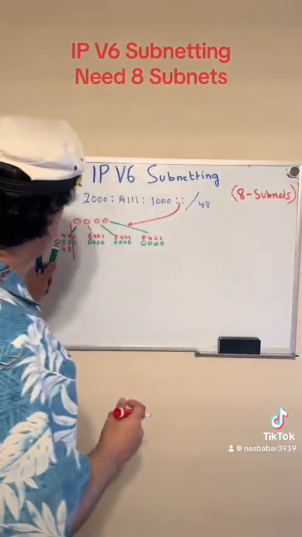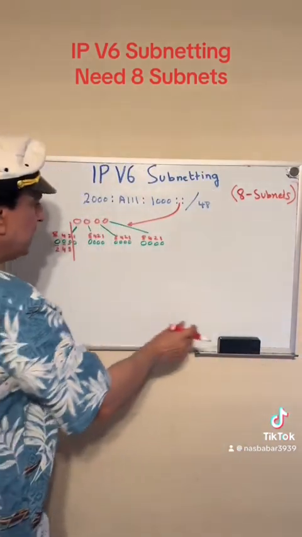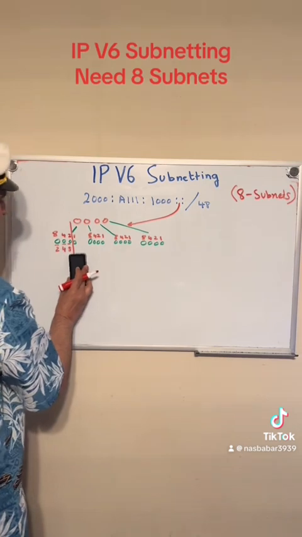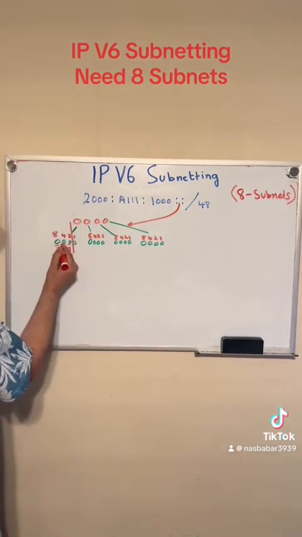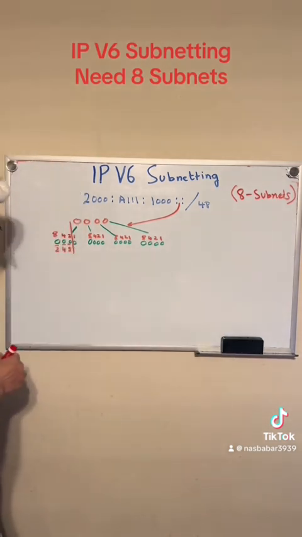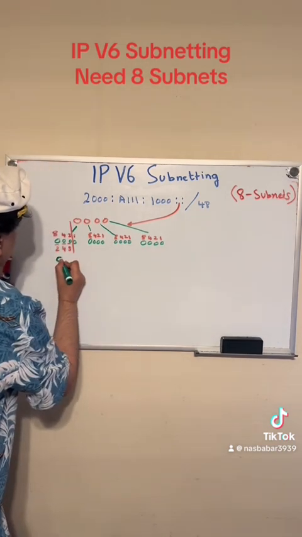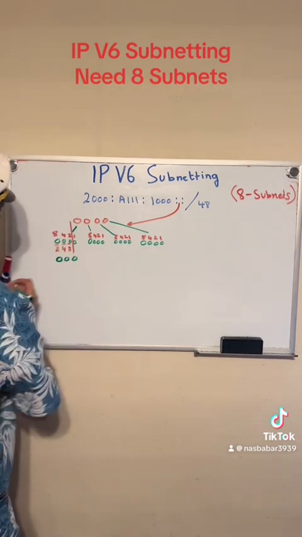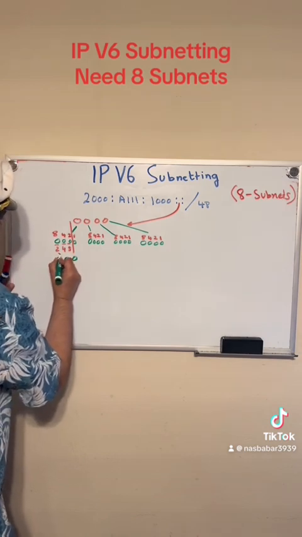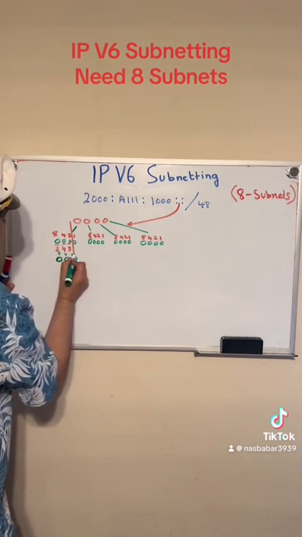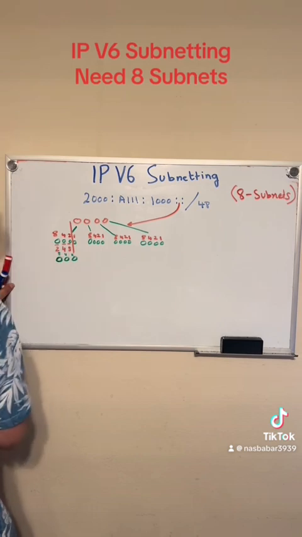Okay. So now let's see if we can come up with the first subnet. I'm allowed to play with only these zeros. So let's say we have 0, 0, 0. And at the top I'll put 8, 4, 2, because these are the only 3 bits I'm allowed to play with.